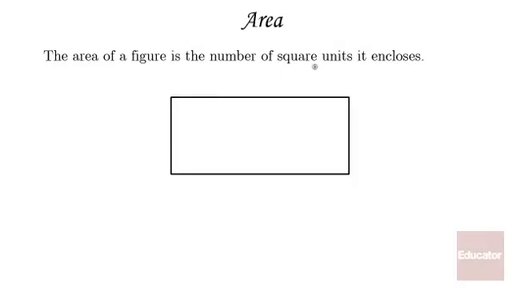Now, square units means how many one-unit squares it covers. So, this rectangle here, if I say that there are 8 square units, that means each one of these squares has a measure of 1 unit.